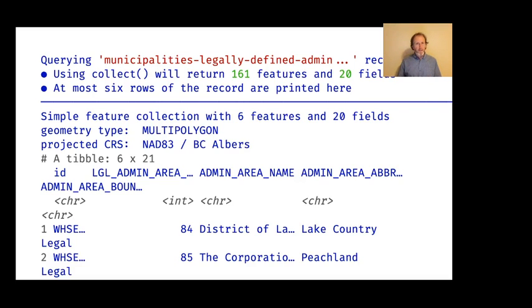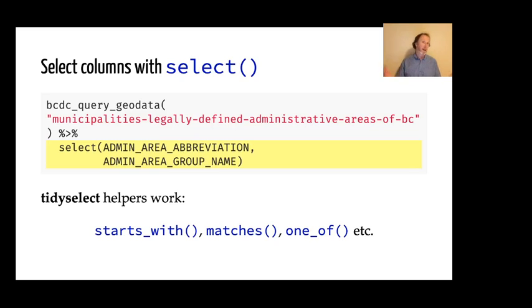Again, if you're familiar with the dbplyr framework, and dplyr in general, we can run bcdc query geodata and pipe that into select. We can use that to select just a subset of columns that we want, and it works with all the tidy select helpers: starts with, matches, one of, etc. Here we're just selecting two columns, the admin area abbreviation and admin area group name of those municipalities in BC.